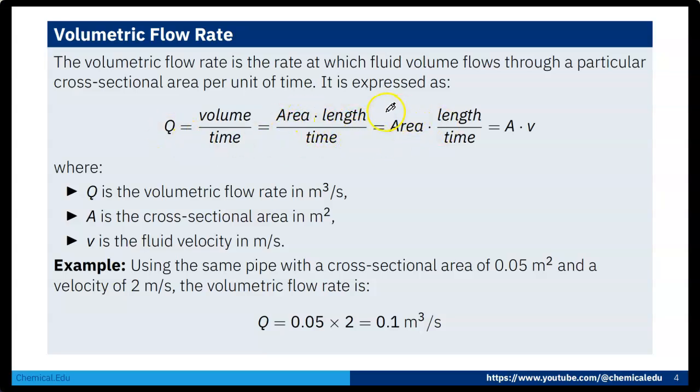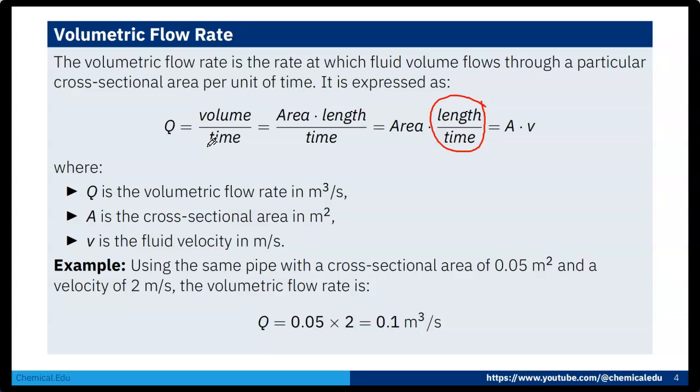Length by time is again velocity. So volumetric flow rate is area into velocity, where Q is the volumetric flow rate in meter cube per second, A is the cross-sectional area in meter square, and V is the fluid velocity in meter per second.